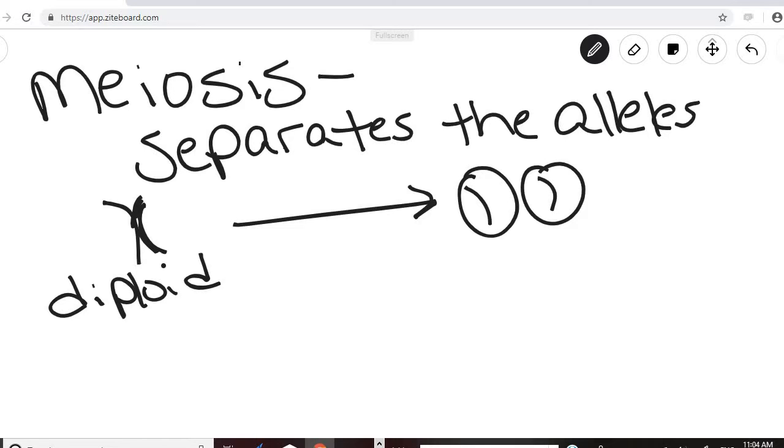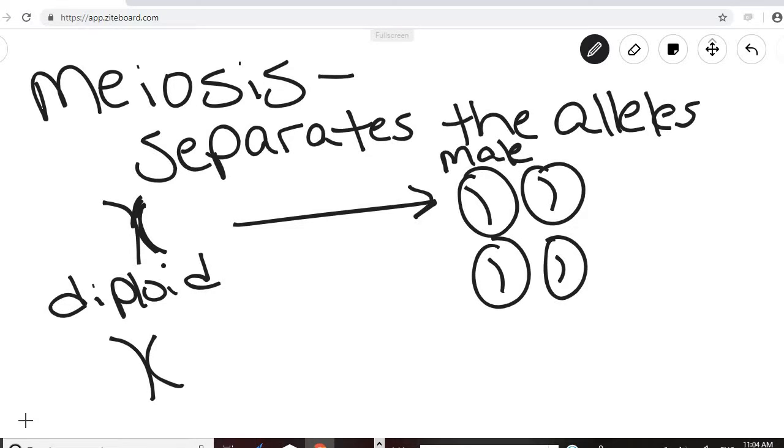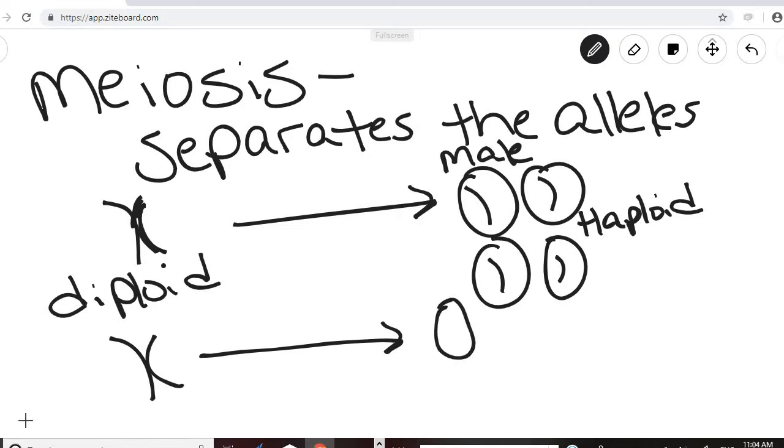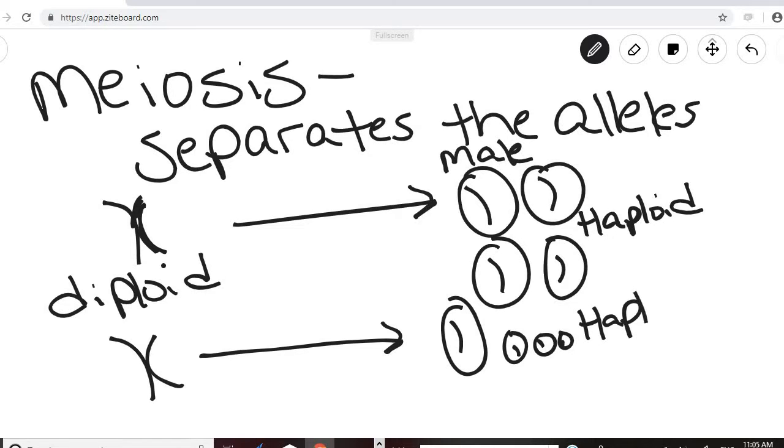So if this is the male, you end up with these 4 haploid cells. And for the female, the same thing happens, except that remember, in the female, you really only end up with one cell that is functional. The other 3 are just called polar bodies, and they're not functional, but these are haploid cells also.